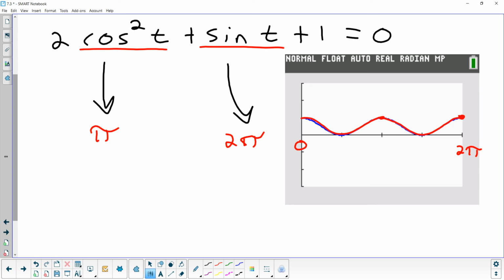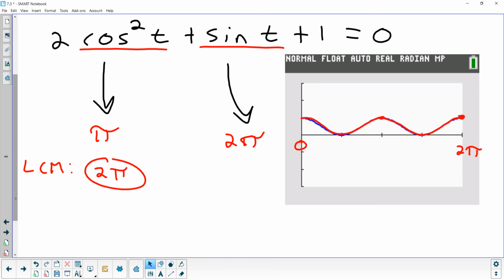The second periodic term is going to repeat every 2 pi units. So what's the least common multiple of 1 pi and 2 pi? Yep, 2 pi. So that means when we graph this entire thing in y1, which we're about to do, it's going to repeat every 2 pi units.